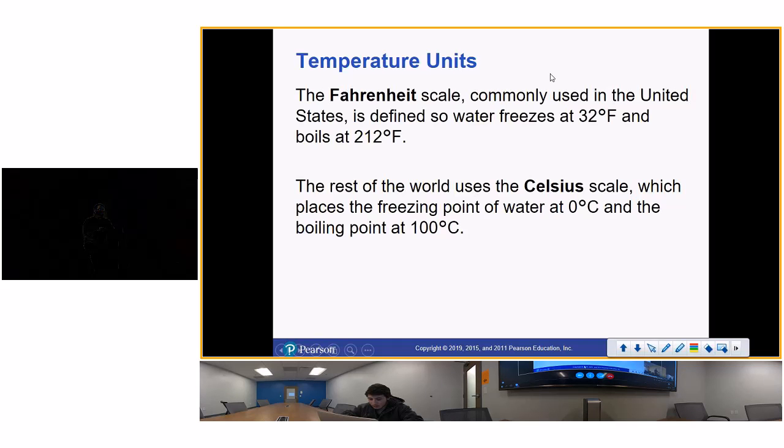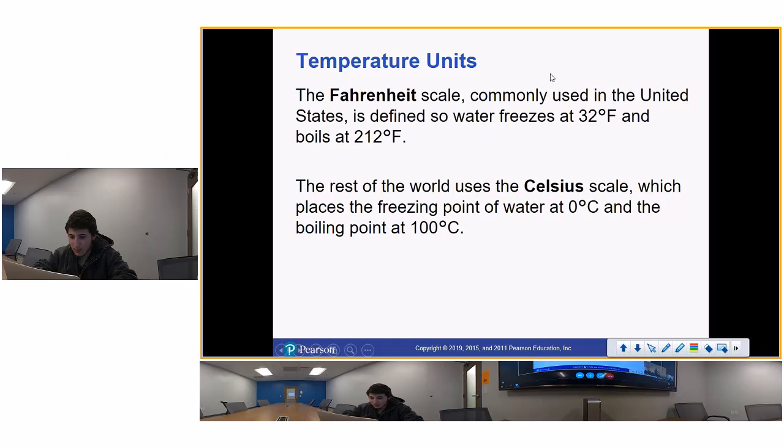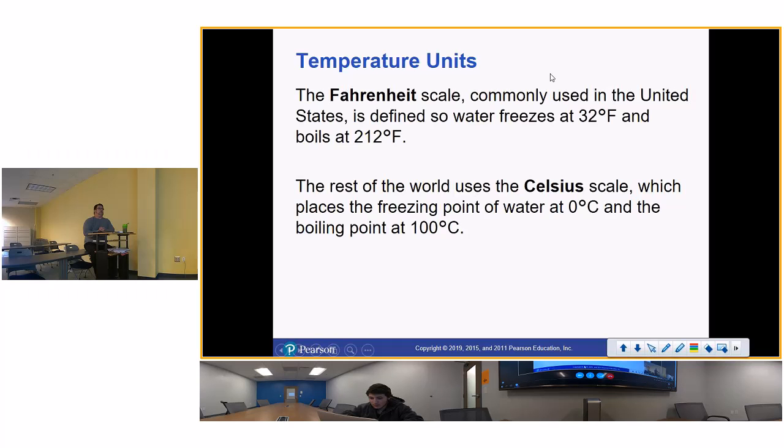So there's 4 test questions right there. What is the boiling point of water in Fahrenheit? What is the boiling point of water in Celsius? What is the freezing point of water in Fahrenheit?